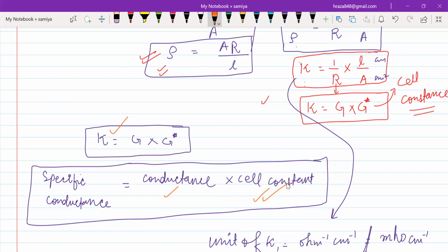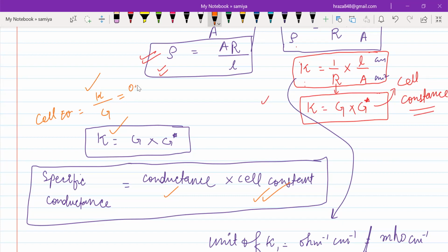I had given the formula, yes or no? Yes. So we need to calculate the cell constant, right? Cell constant will be equal to specific conductance, that is kappa, upon conductance G.